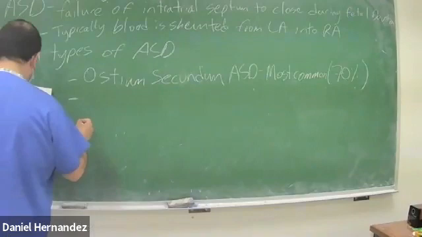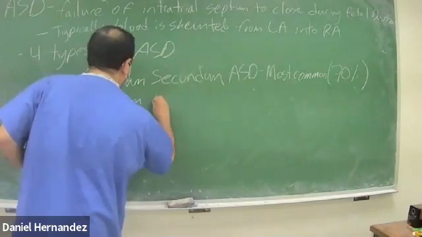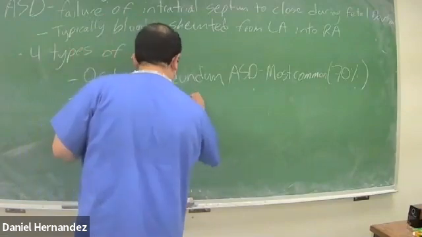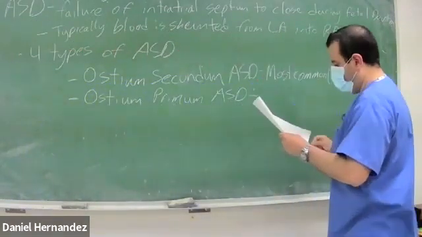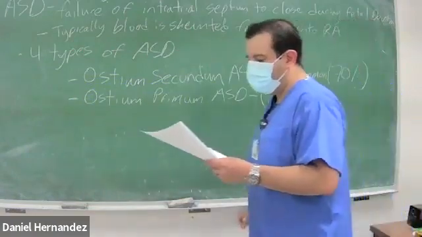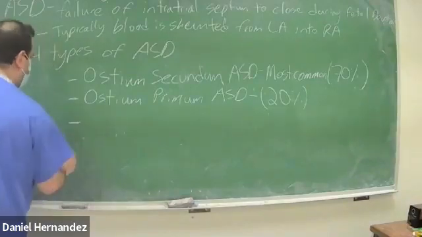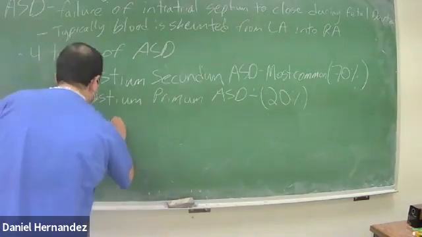Second most common is the ostium primum ASD. That makes up about 20% of ASD lesions. Third type of ASD is a sinus venosus ASD.